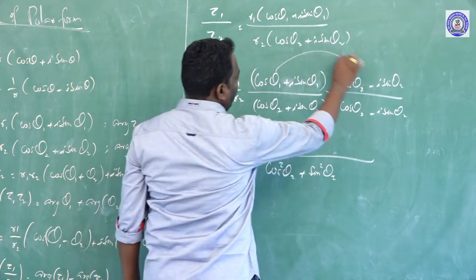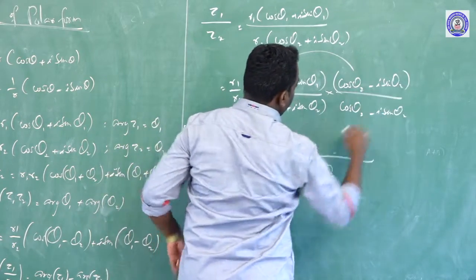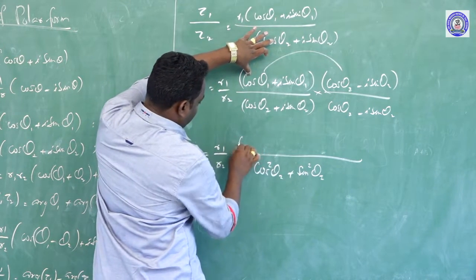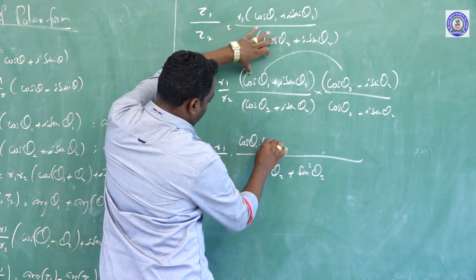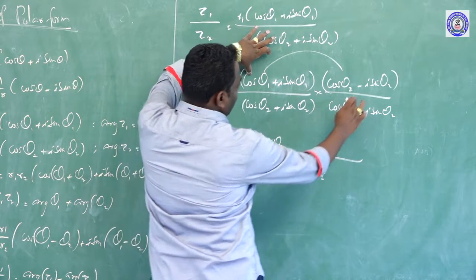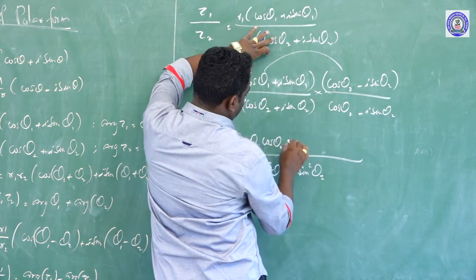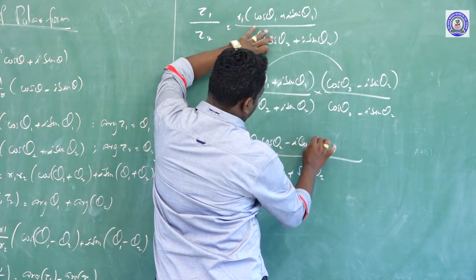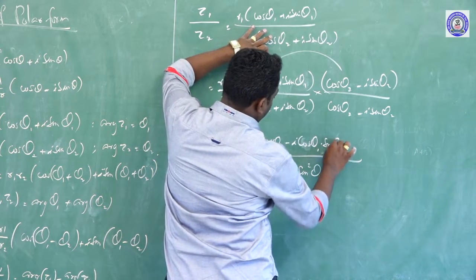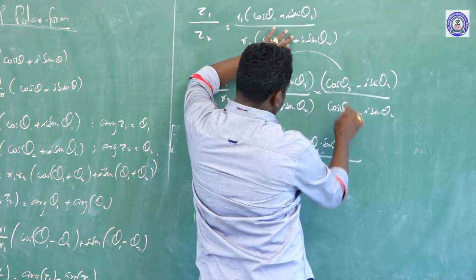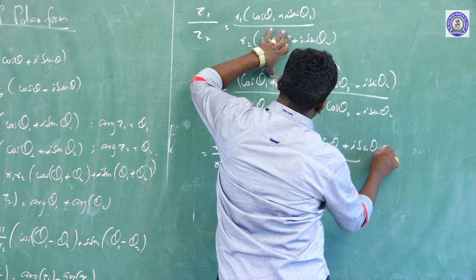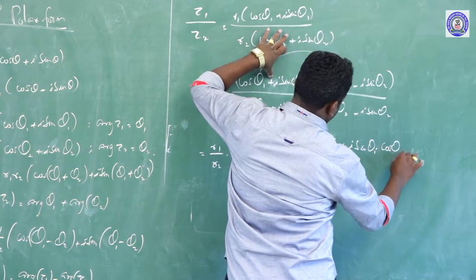Now just multiply the numerator. First term: cos theta 1 into cos theta 2. Then minus i into cos theta 1 into sin theta 2. Then multiply these two terms: plus i into sin theta 1 into cos theta 2.